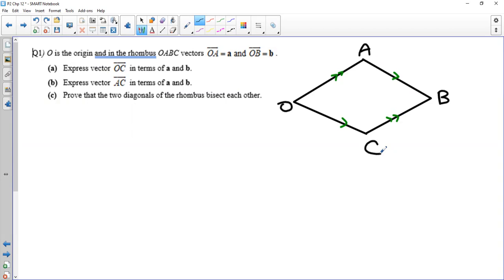So OA is A and OB is B. So I'll need you to do part A and part B first, and then I will go through part C with you about proving diagonals bisecting each other.